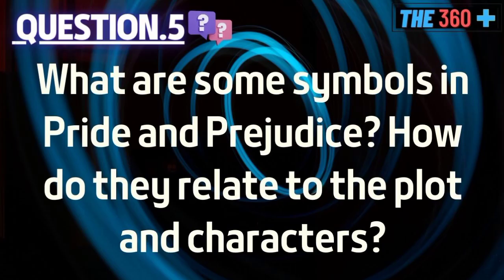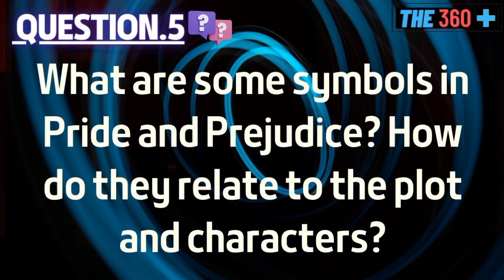The next question is, what are some symbols in Pride and Prejudice? How do they relate to the plot and characters? Symbols are basically some symbolic things which are used in the plot and they represent some of the ideas.